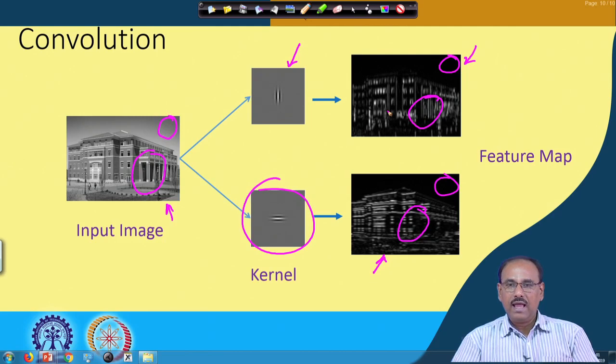So given an input signal, the corresponding output of the system will simply be the convolution of the input signal with the impulse response of that particular system.